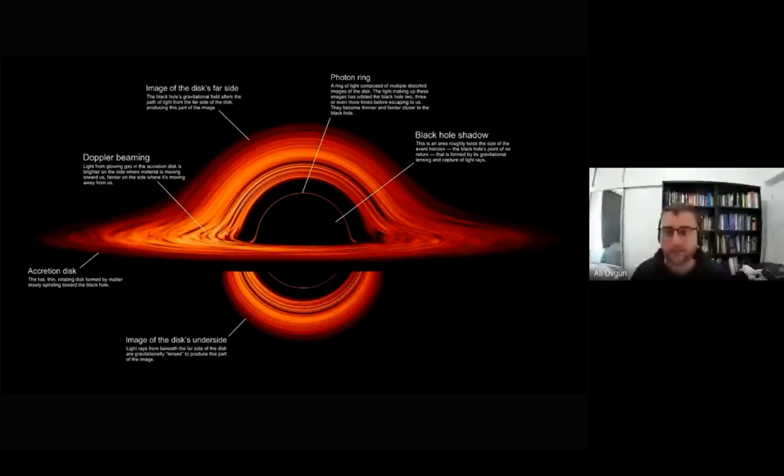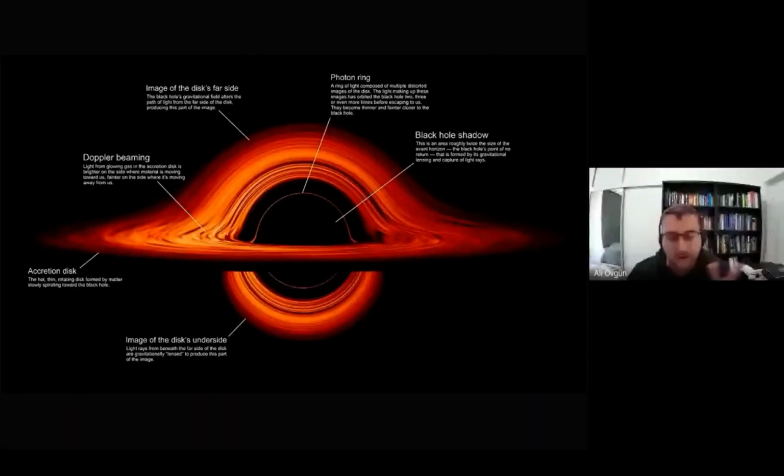So in order to generate more realistic images of the black hole shadow, the visual appearance of accretion disks or jets is studied with the help of sophisticated numerical ray tracing programs by several authors in the literature, like Bardeen and Luminet, and so on.